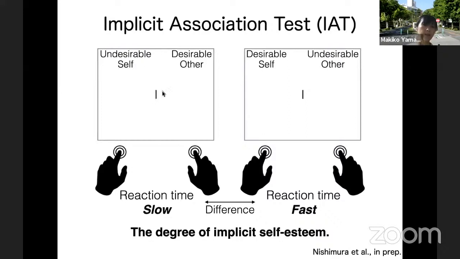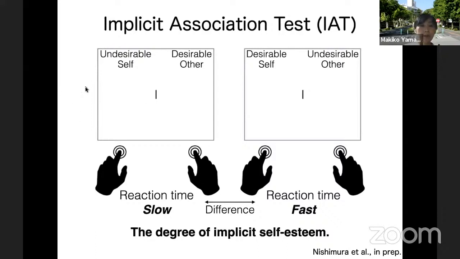And sometimes other words were presented, like "they", or the words desirable and undesirable were presented also. And each time, subjects categorize each word to left or right by pressing the buttons as fast as possible.